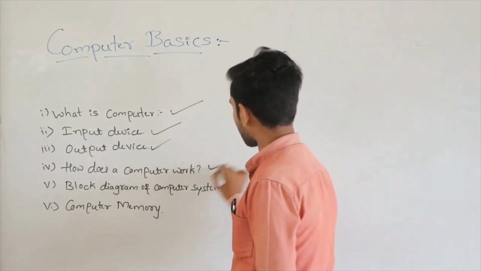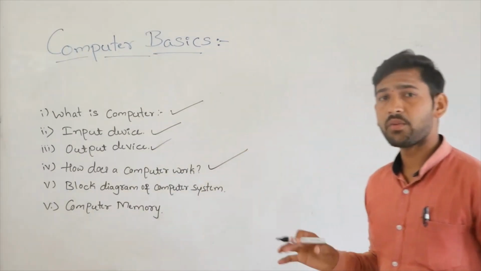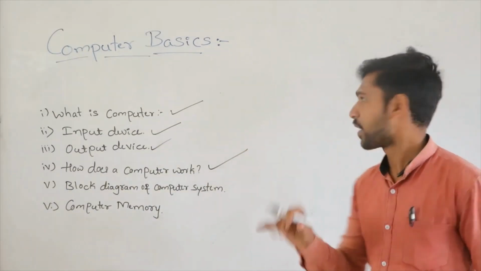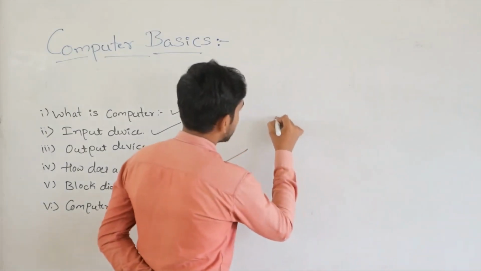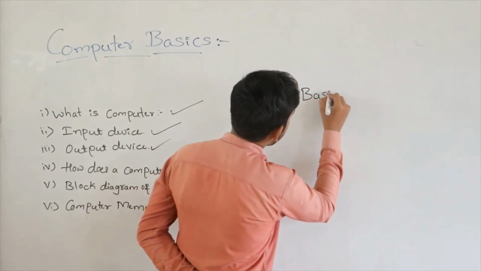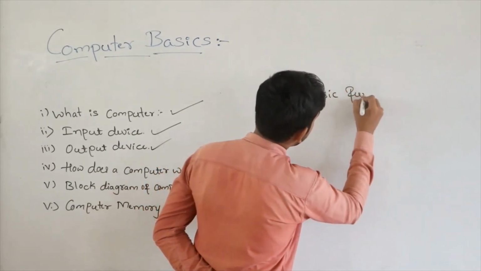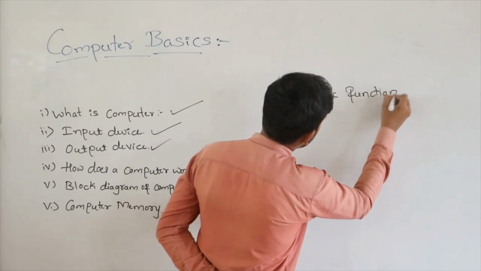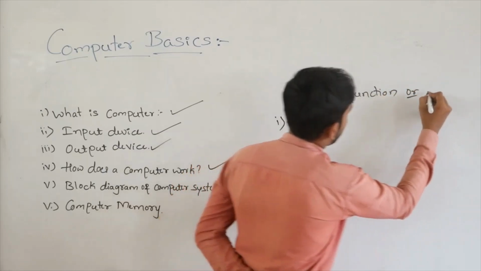Next, how does a computer work? A computer works through four basic functions or operations.